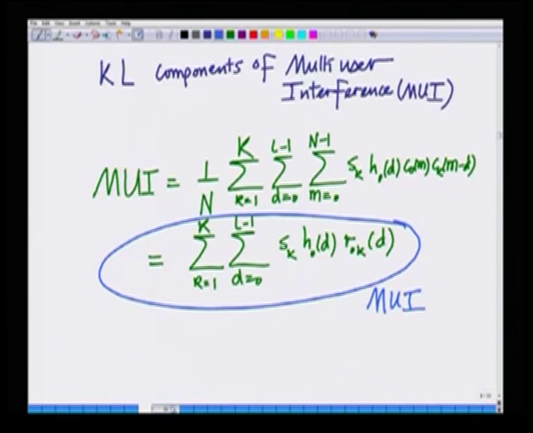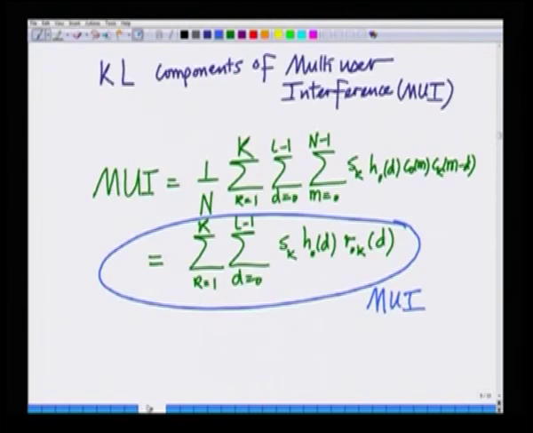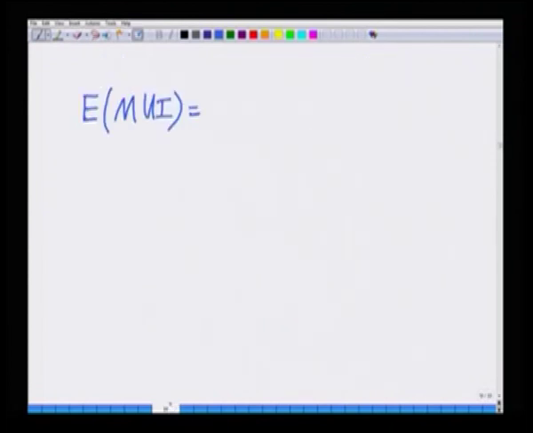As we did previously, again let us compute the expected value of this multi user interference. The expected value is very simple, it is the sum of the expected values of each component, but each component has R 0 k d, and the expected value of each of these is 0. So, the net expected value is again 0, that is the mean is 0. No harm in writing this down.